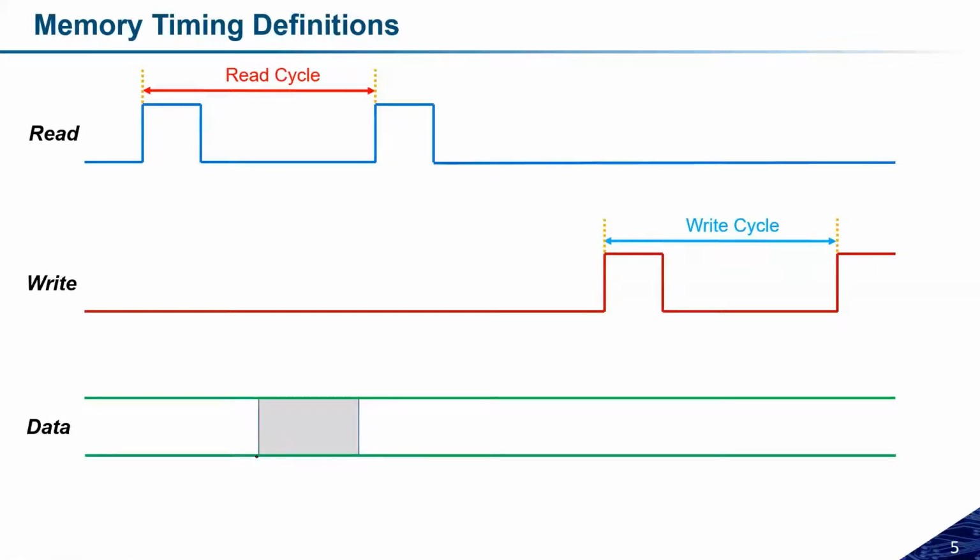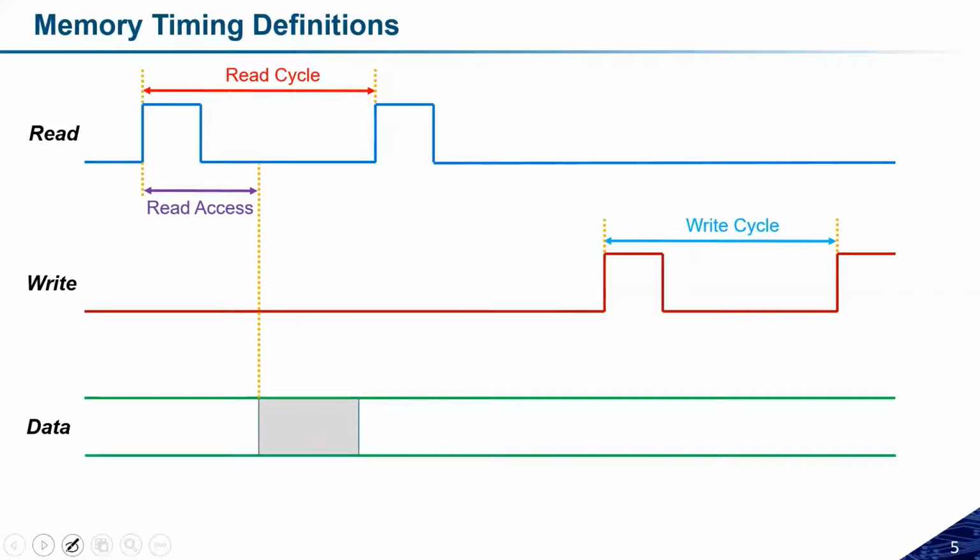Suppose I have this data where the valid data is here. To read this valid data, the memory will take some time. The time period between the time at which the read was activated and the valid data is called the read access time.